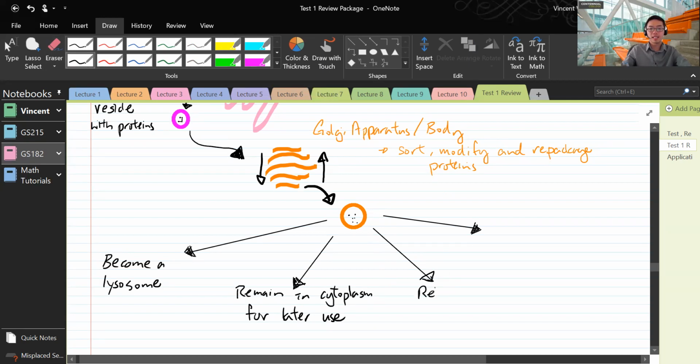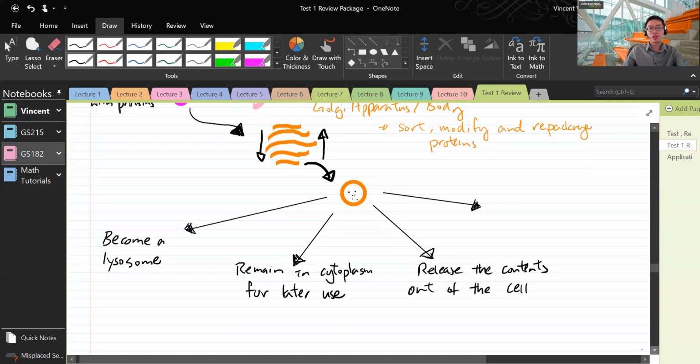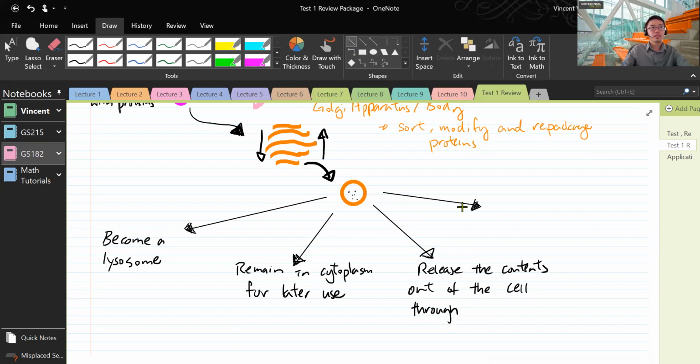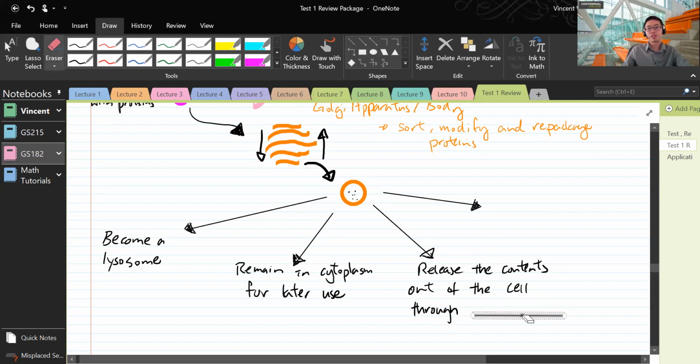Release the contents out of the cell. What is that process called? If you release a large amount of stuff out of the cell, what do we call that process? Through blank. What goes into the blank here? Exocytosis. Very good.